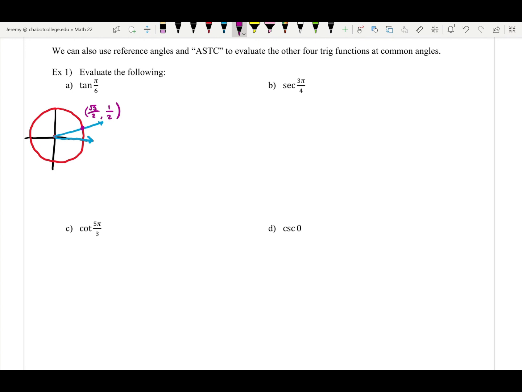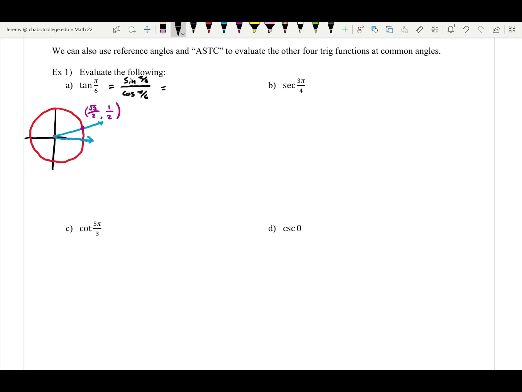So I know that sine of pi over 6 is 1 over 2, cosine of pi over 6 is root 3 over 2. Now, tangent is defined as just sine over cosine. So whatever the angle is, in this case pi over 6, tangent, I could also represent this as sine of pi over 6 divided by cosine of pi over 6.